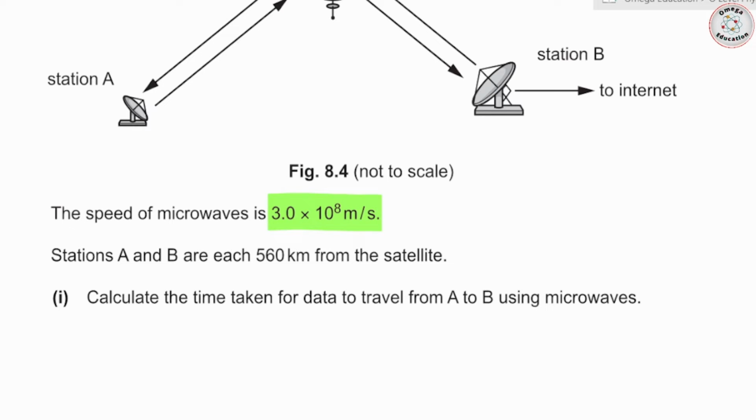All of these waves have the speed 3 times 10 to the power 8 meter per second. Station A and station B are each 560 kilometers from the satellite. Calculate the time taken for the data to travel from A to B using microwaves.